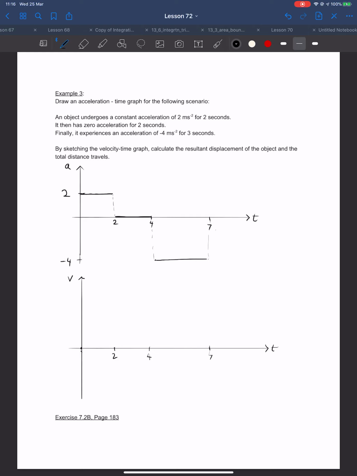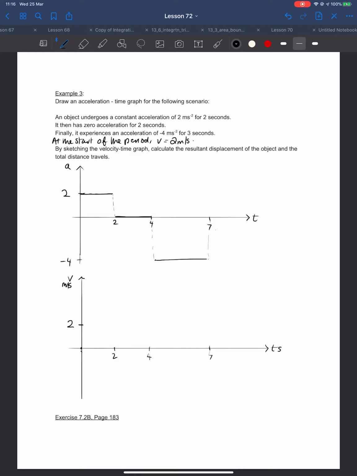I've just looked at the book, and it says it starts at 2. At the start of the period, velocity equals 2 metres per second. So it starts off at 2 metres per second.